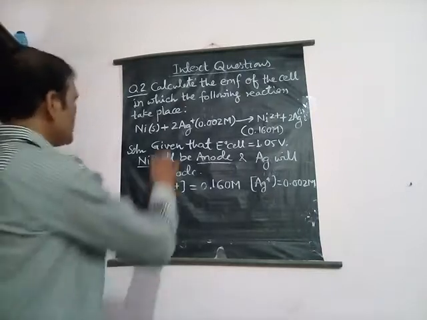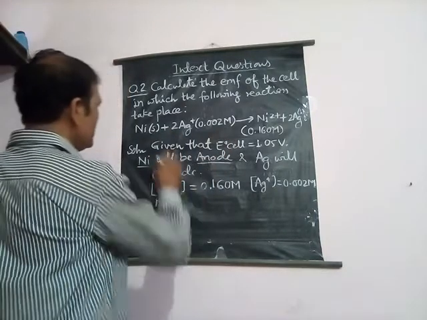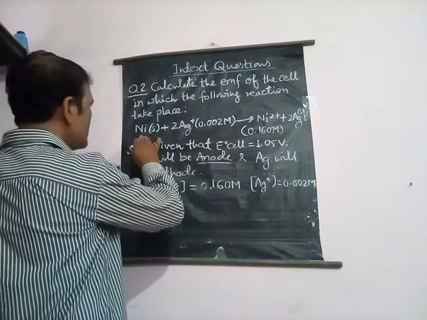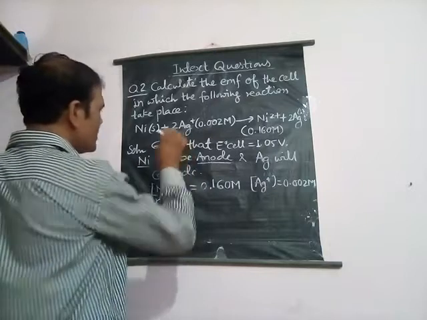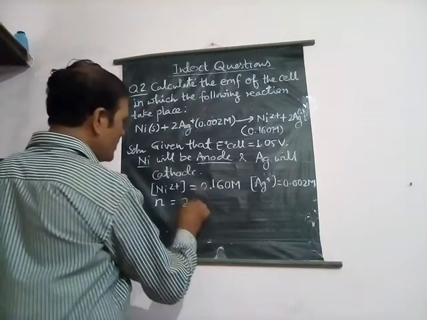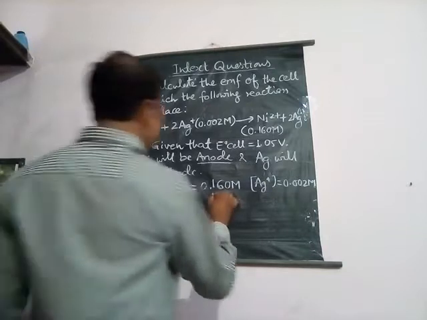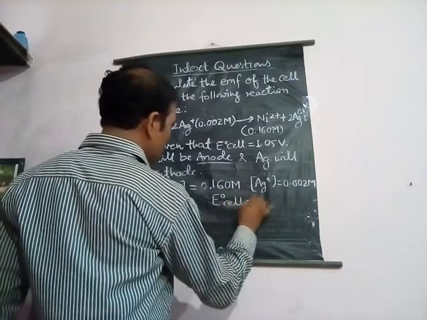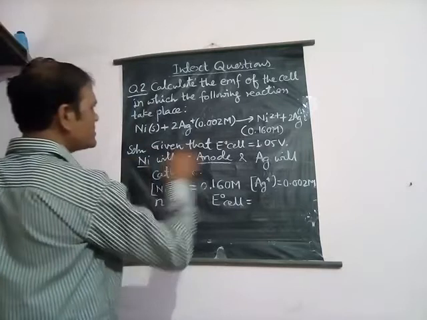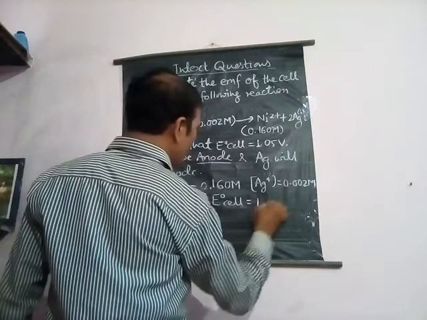How many electrons are transferring here? Nickel is providing 2 electrons and Ag is getting 2 electrons, so the value of N will be 2. Now the value of E naught cell which is given here is 1.05.